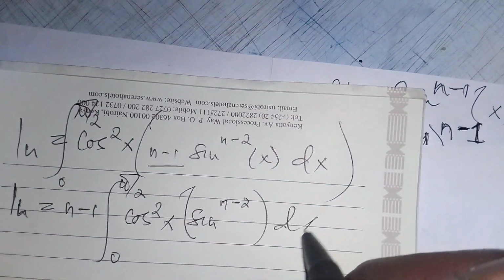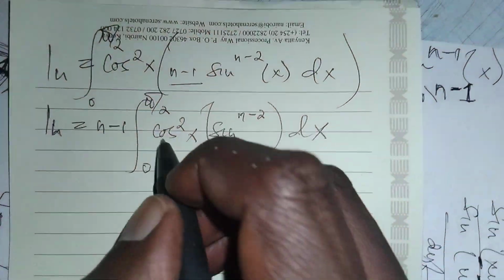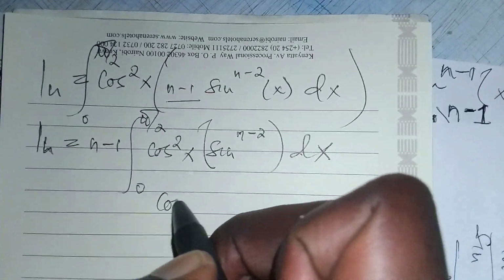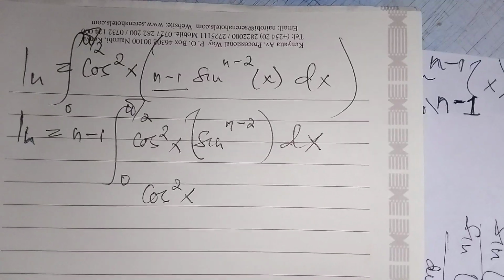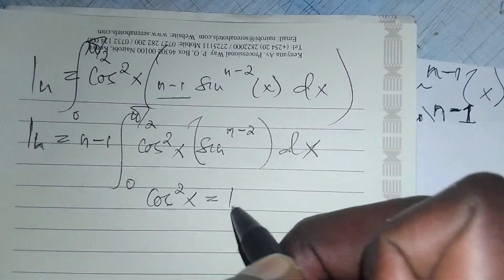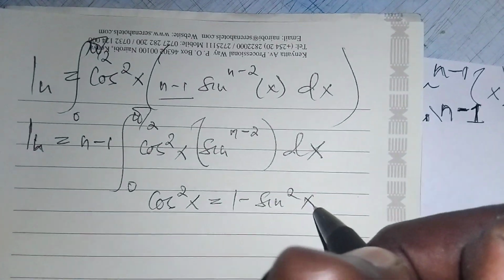Using the trigonometric identity, we know that cos squared x equals 1 minus sine squared x.